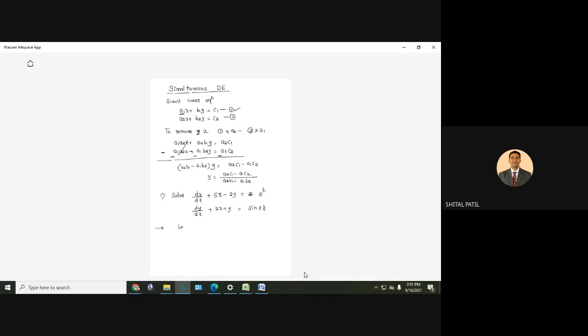Let us see which is the dependent variable here? See the derivative term. What is in the denominator? x and y. And which is the independent variable?